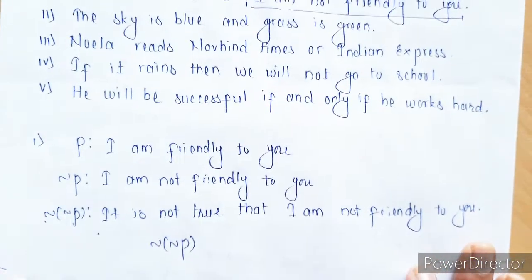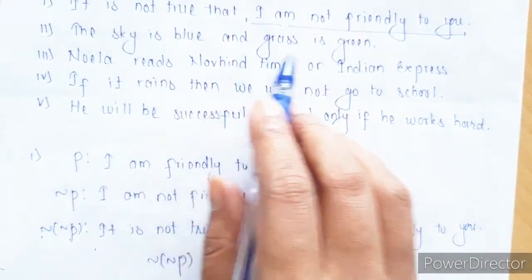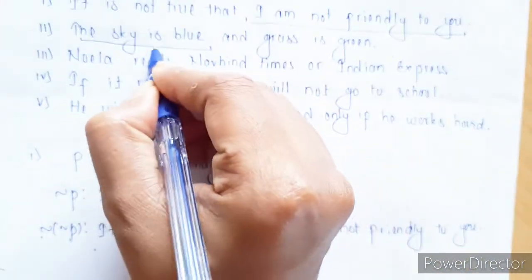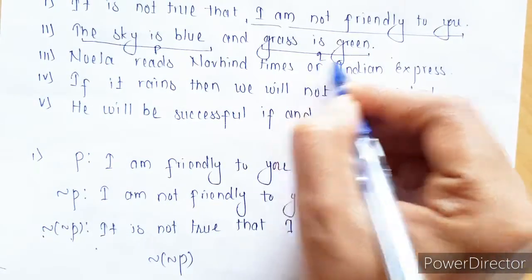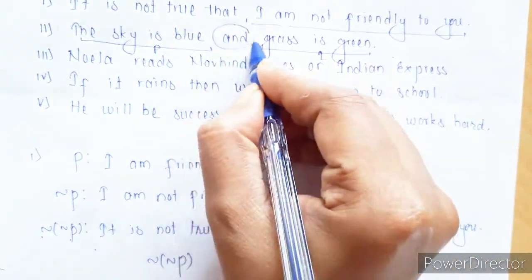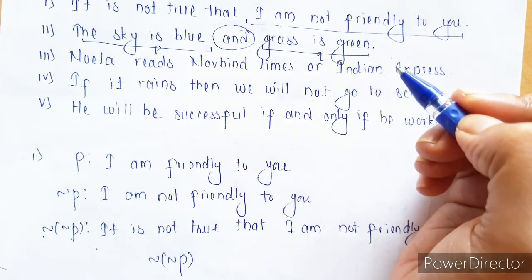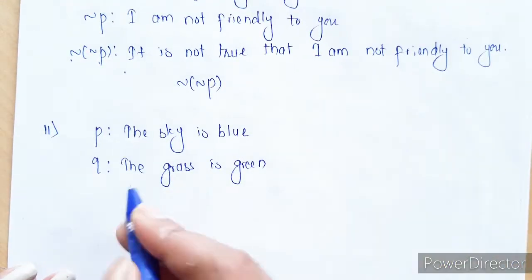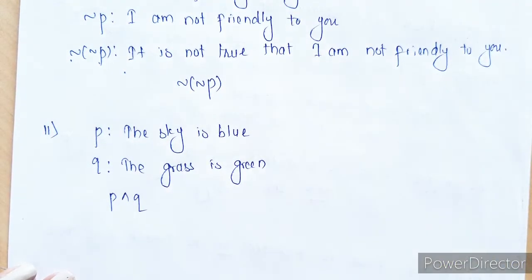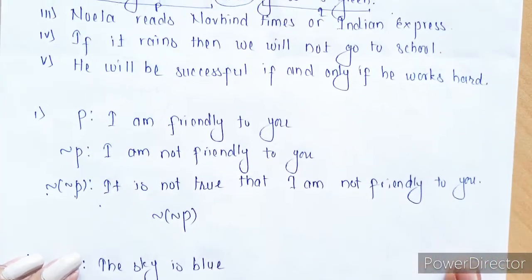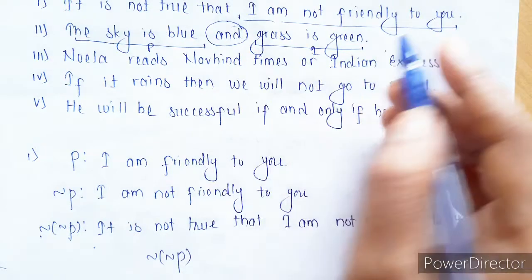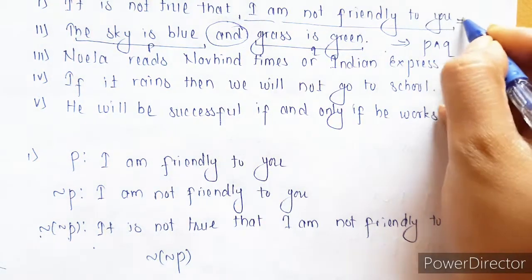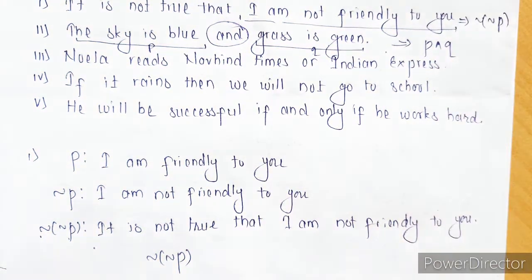What we have here is the sky is blue and grass is green. These two statements, P and Q, are connected using the connective AND, the conjunction, right. So, we can write it as P and Q. So, statement 2 can be written as P and Q, whereas the first one was negation of negation of P.